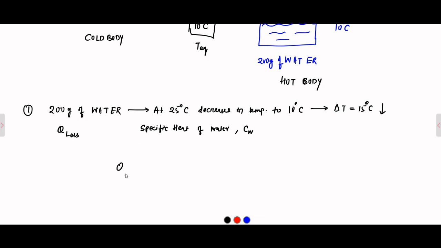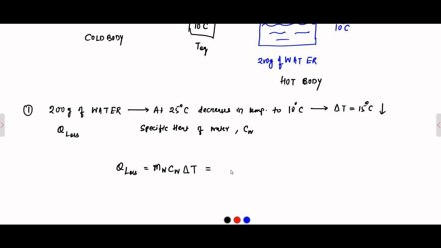So the heat loss in the 200 grams of water at 25 degrees Celsius initial temperature, when it drops down to 10 degrees Celsius, is equal to the mass of water times specific heat of water times change in temperature.